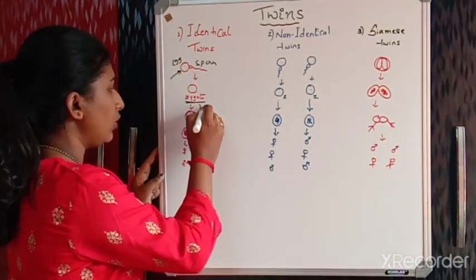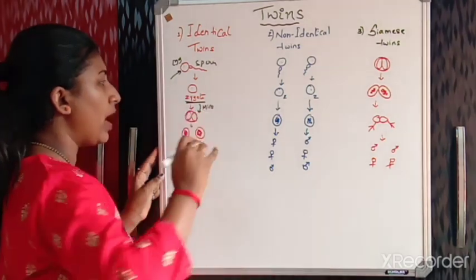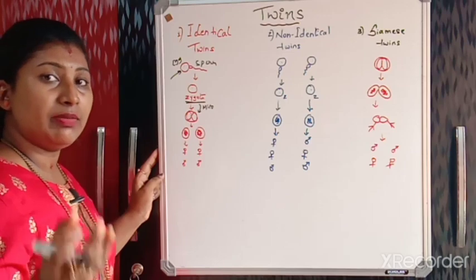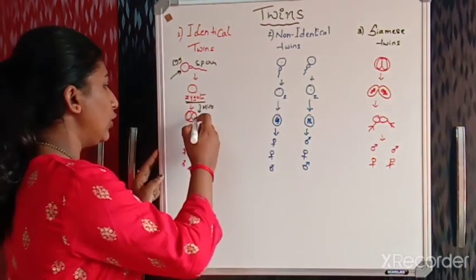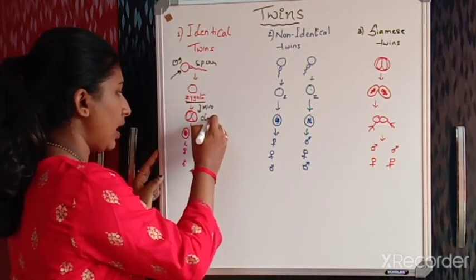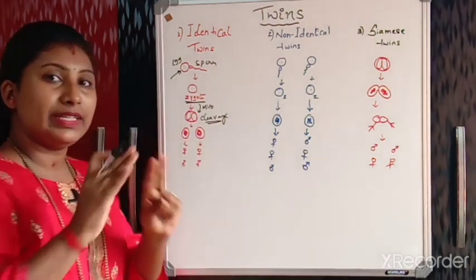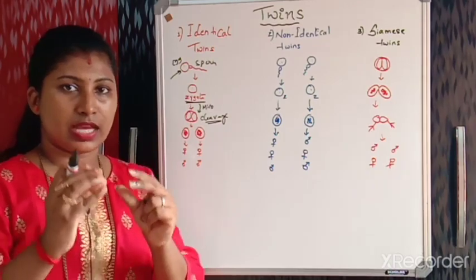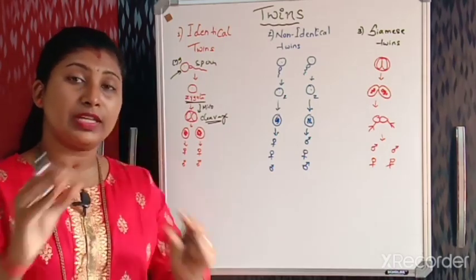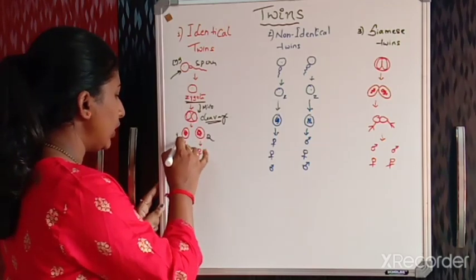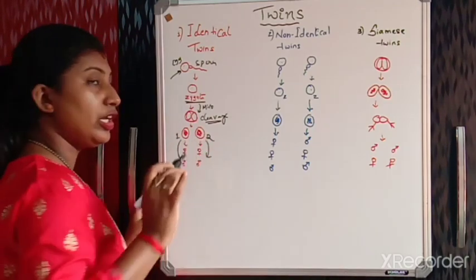This zygote undergoes mitotic division and there will be cleavage. During cleavage, the zygote that initially formed splits into two, and these two develop into new individuals.